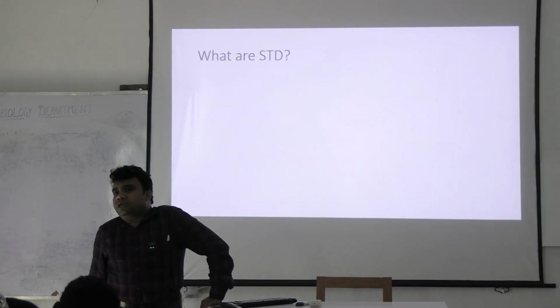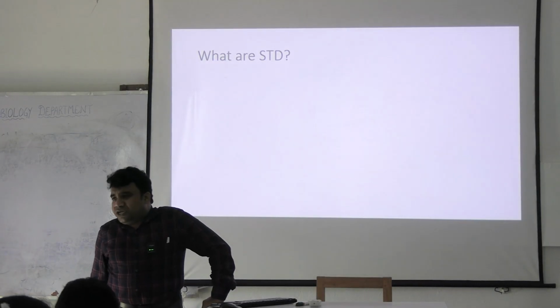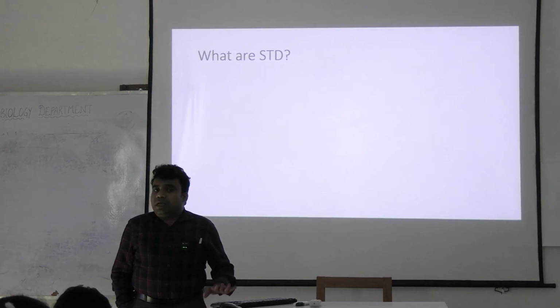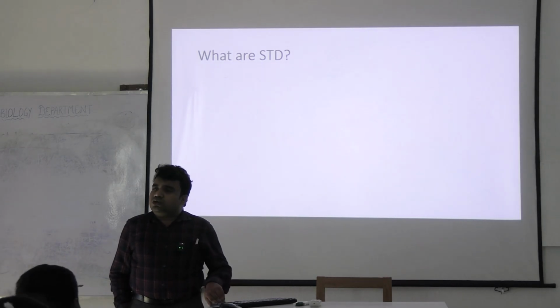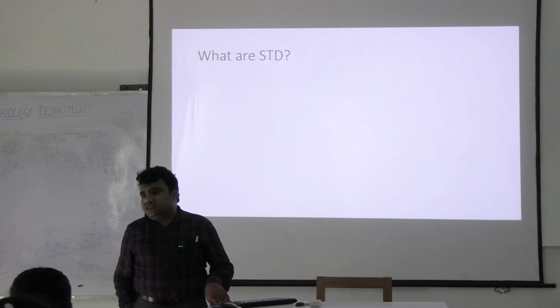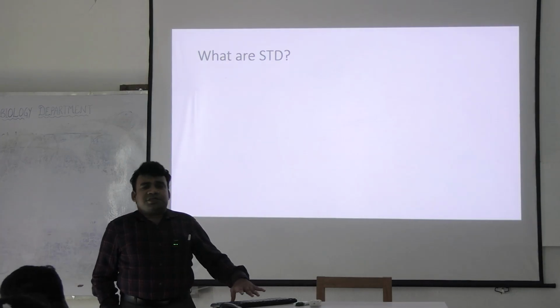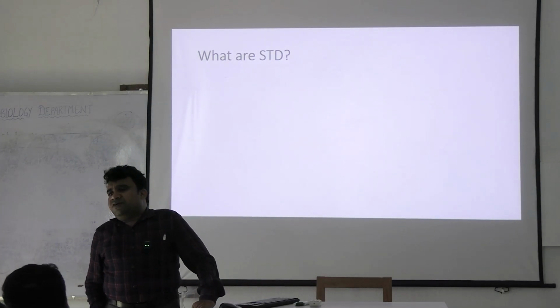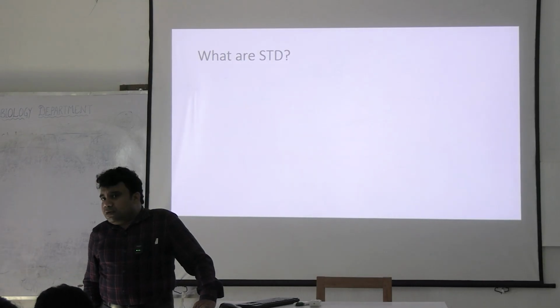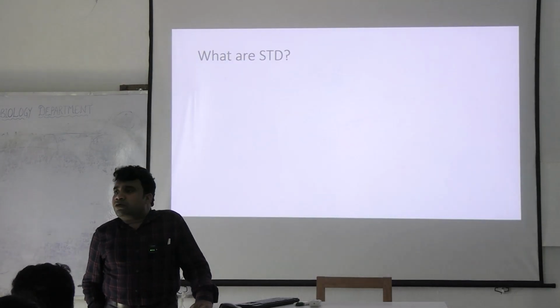Those are also included in STDs. For example, hepatitis B infection or HIV, they are transmitted through the sexual route and will ultimately involve other systems, like in hepatitis B, it will affect the hepatobiliary system. There is no direct effect on the reproductive organs.